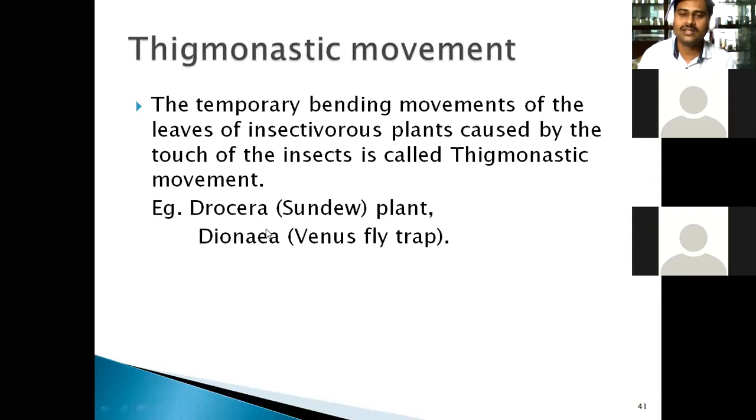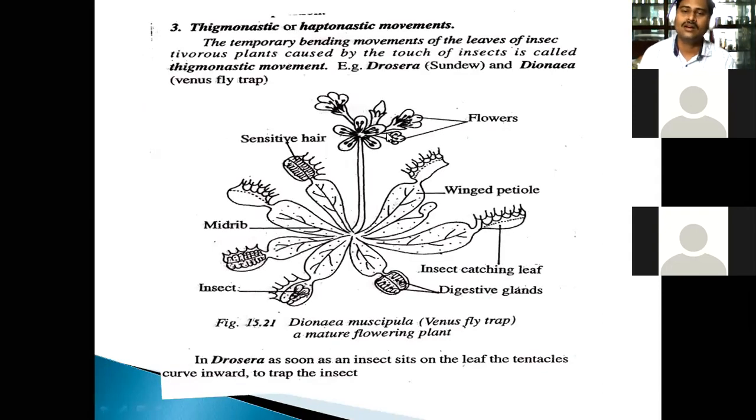Then another example is Drosera or Dionaea, which show haptonastic movement. Haptonastic means related with plants which are insectivorous.